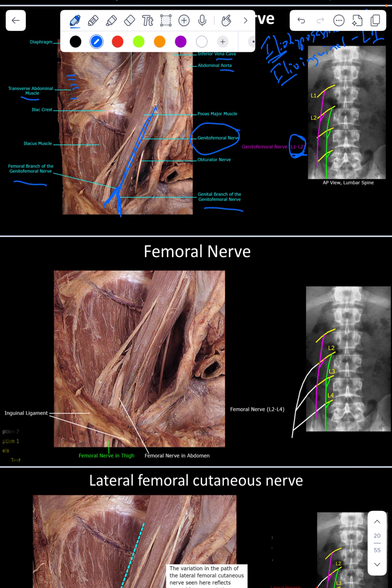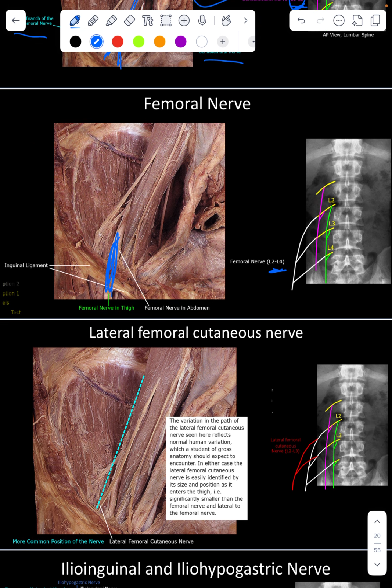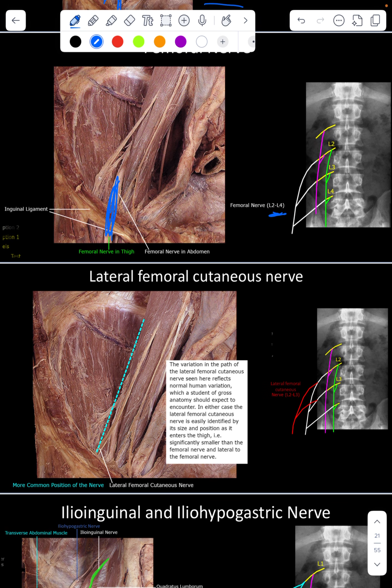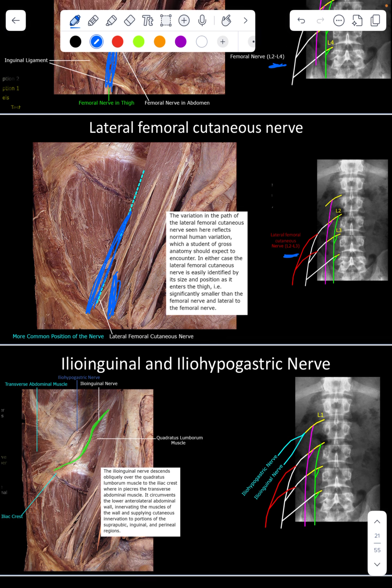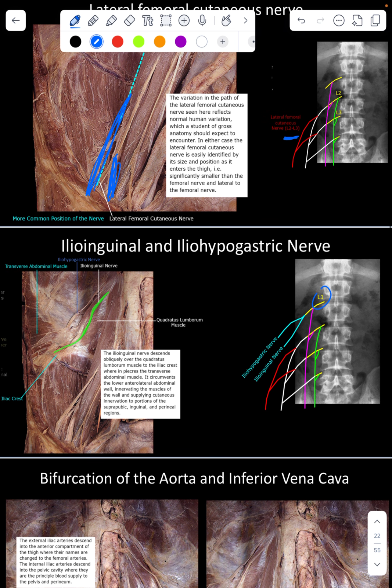Next one, femoral, that's the thick one going into your thigh. This one gets L2 to L4. And then lateral femoral cutaneous doesn't go as deep, so it only gets L2 and L3. And that's the one that's going more lateral compared to the femoral nerve. And then in iliohypogastric, we said they both come off of L1.